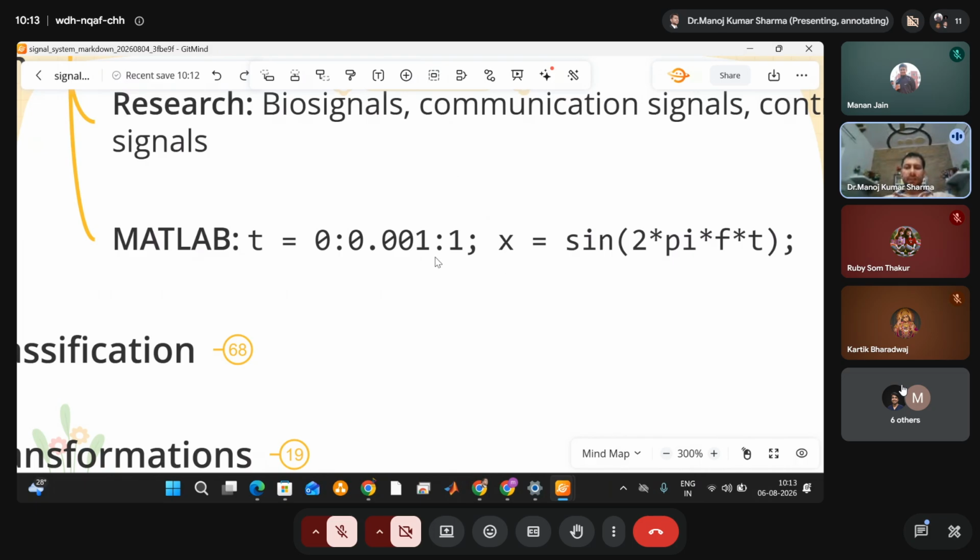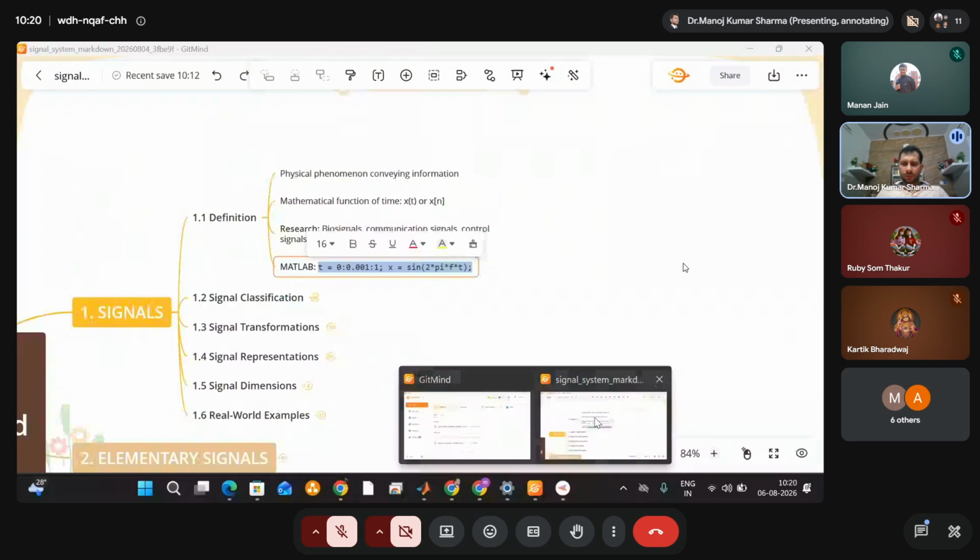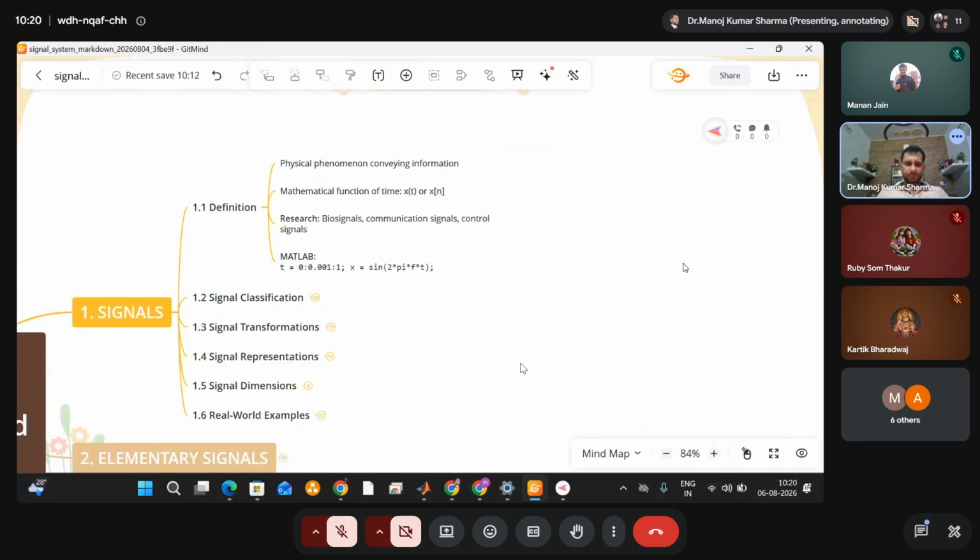So in MATLAB, we write x = sin(2*pi*f*t), and we have defined t as a time vector starting from 0, then a colon, where the middle part represents the step to take to reach the last final value, that is 1. I hope the definition of a signal is okay.